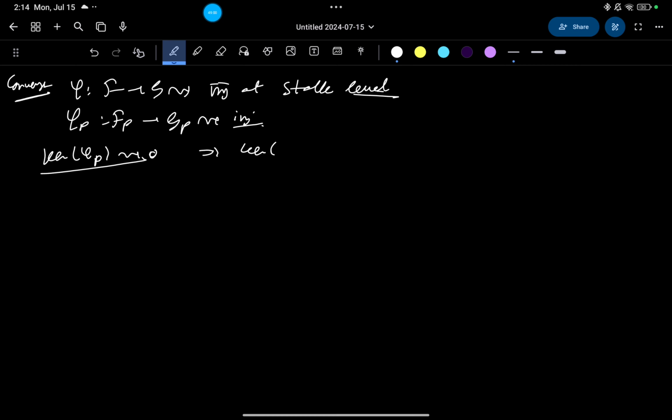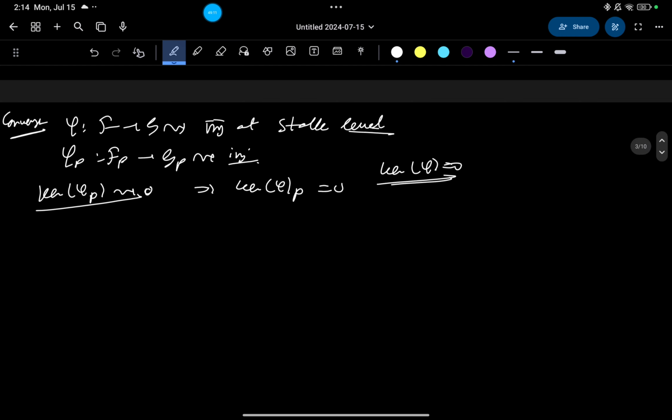That means the stalk of the sheaf of kernels is 0, so the kernel phi is always 0. So the stalk level implies the global level.